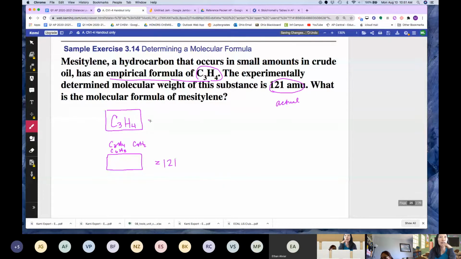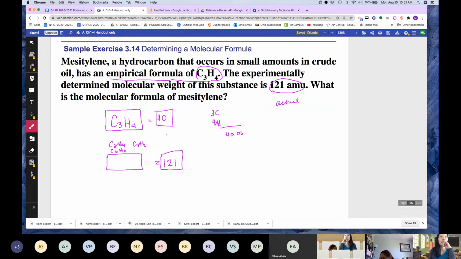So all we have to do is get the mass of this and then we compare. What's the mass of C3H4? 40.06 AMU. So you add them, and she got 40.06. Let's just say 40.